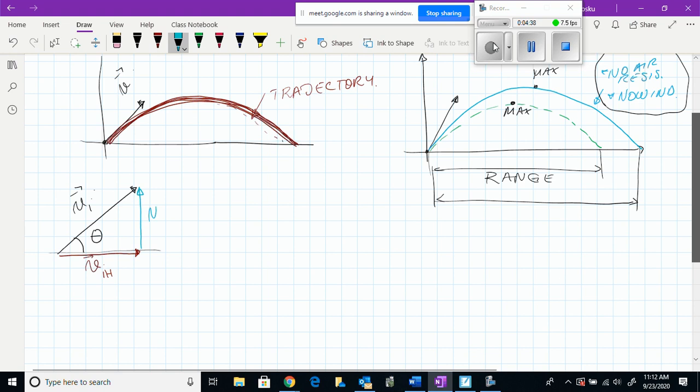How do we find these? By creating the right angle triangle that includes the given angle. We know the magnitude of the initial velocity, which may be 15, 20, whatever the number is, and we know the angle.